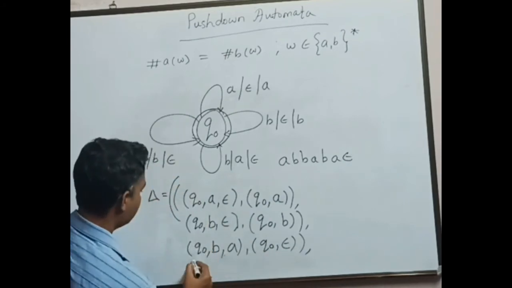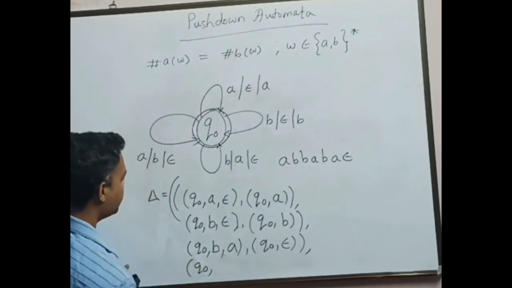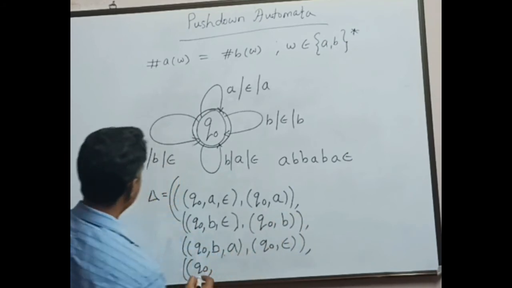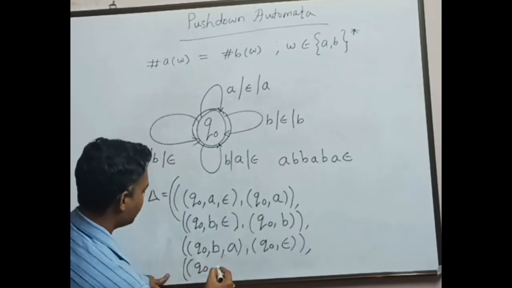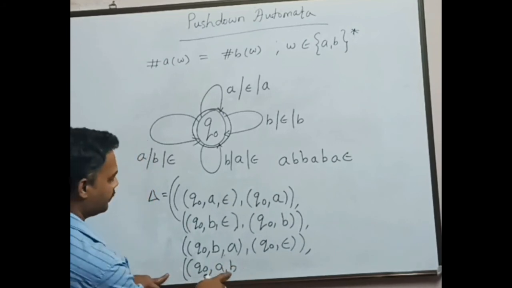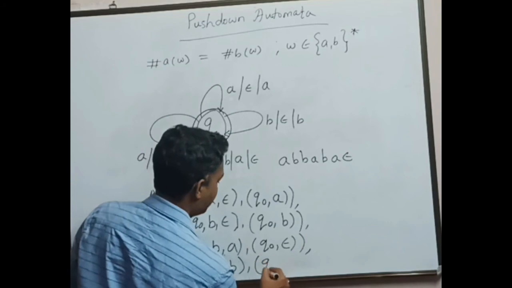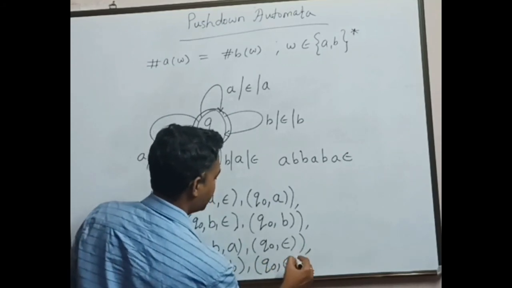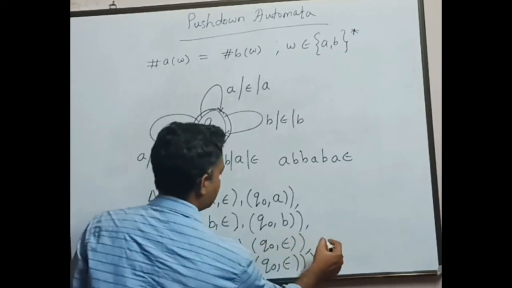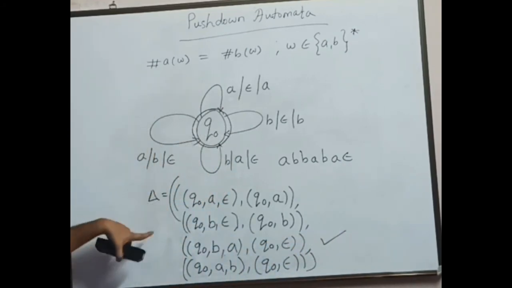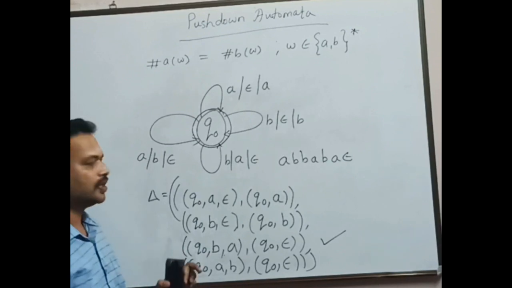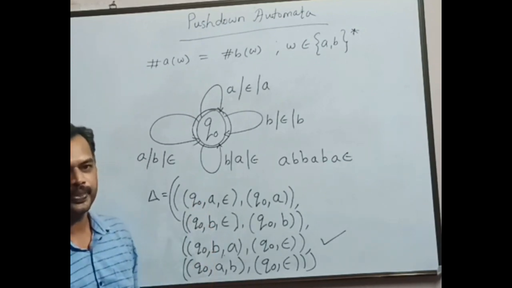Similarly, for the last one, in the same state Q0, if it comes across A and there is B on the stack, it will pop B and remain in the same state without pushing any elements. So this is the transition delta that you have to mention for every solution with respect to PDA. Thank you.